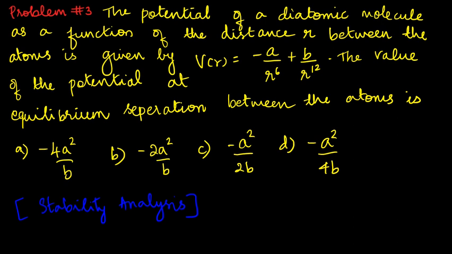So next, let us see our third problem, which is from stability analysis. Here you have to find the value of the potential at equilibrium separation. You have been given V of R to be minus A by R power 6 plus B by R power 12. For the equilibrium point, you are going to do dou V by dou R equal to 0.